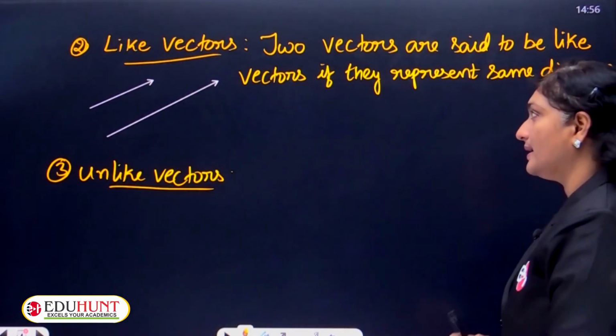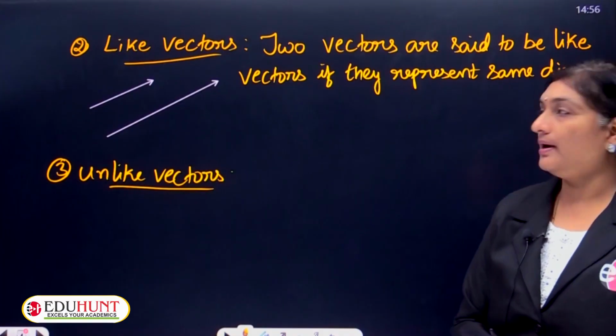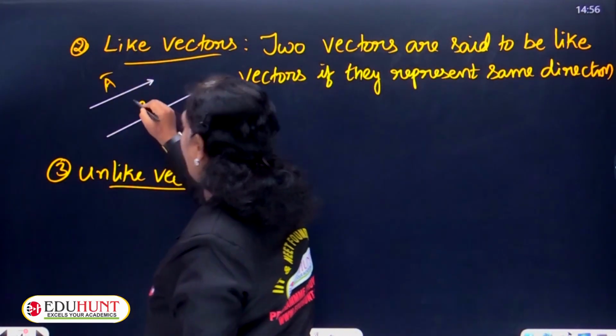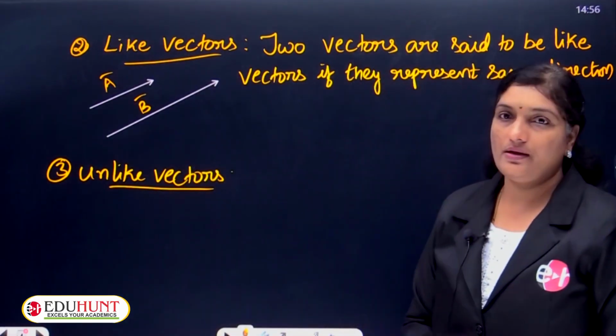In this example, vector A bar and vector B bar are like vectors.